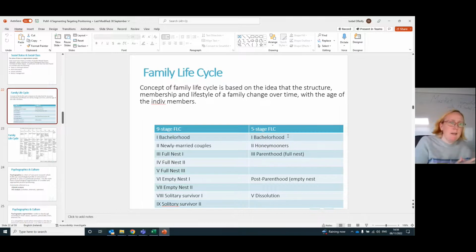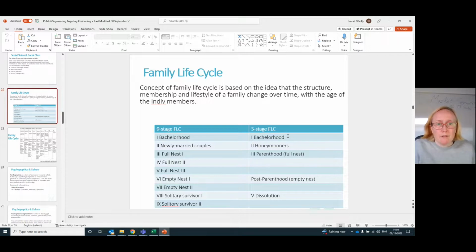Obviously, just like in the other table, not everybody moves through all the stages. So it's kind of looking at averages, and a lot of people will move through some or all of these stages. Some people will not.